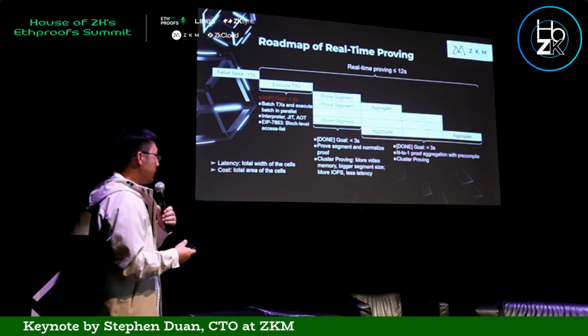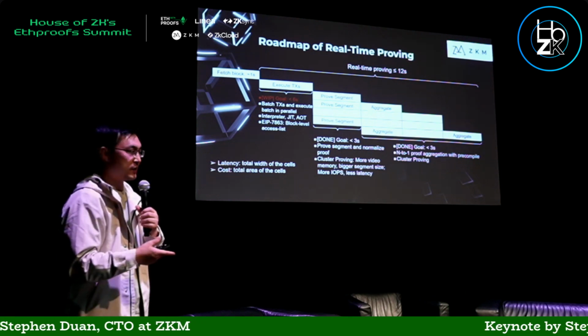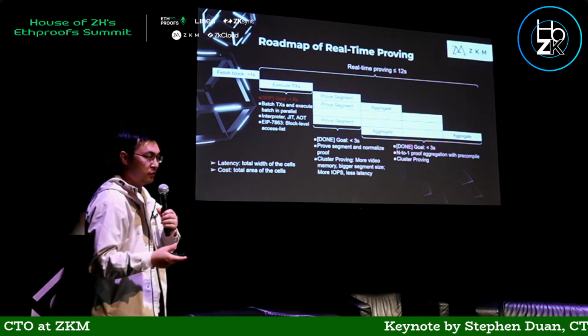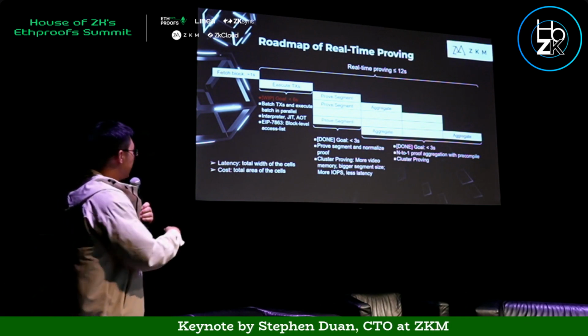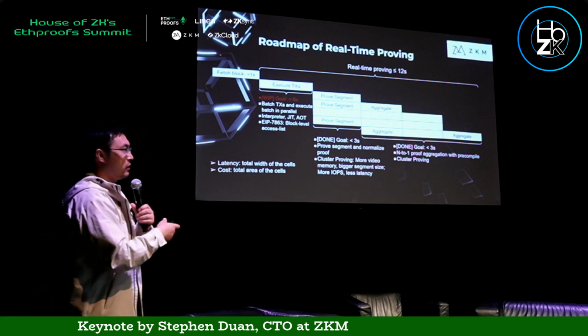So that means we have about 6 seconds for the execution phase. If we look at each block, 99% of the blocks may generate about 200 to 500 mega cycles.